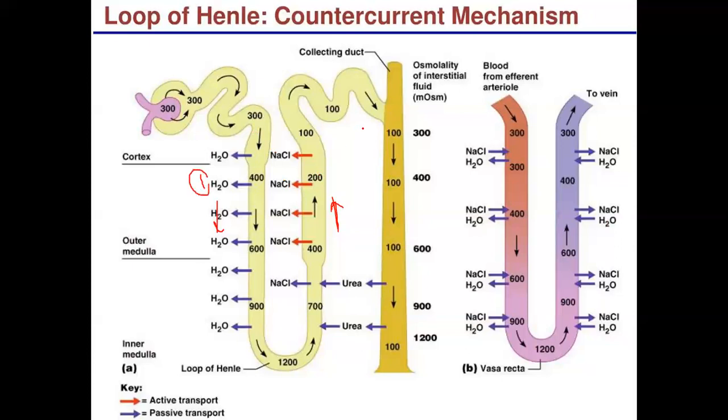Second thing, vasa recta. Vasa recta also has a descending and an ascending limb. Again, it makes the countercurrent, number 2. Number 3: where there is descending limb of Henle's loop, there is ascending limb of vasa recta.